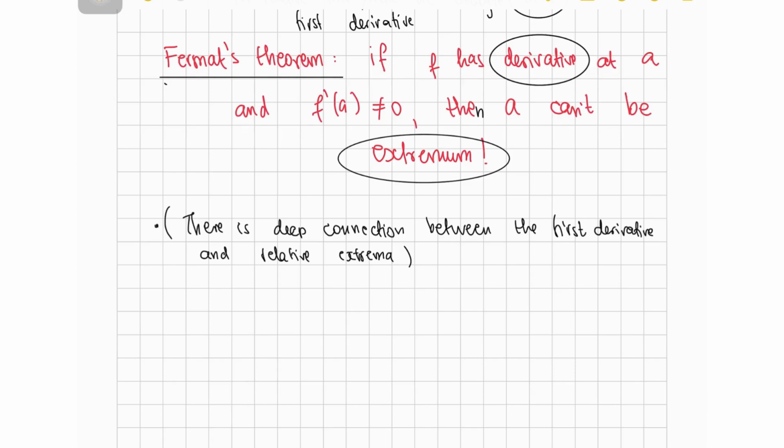If the derivative exists but is different from 0, then at that point there can't be a relative extrema. So that is a statement of Fermat's theorem restated.